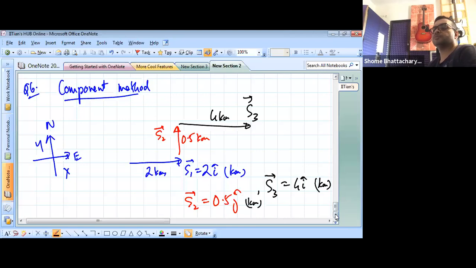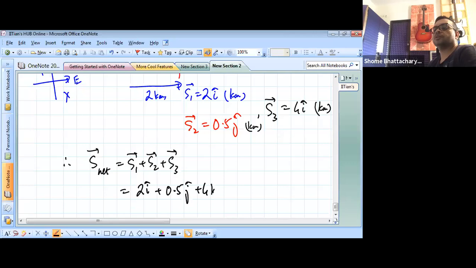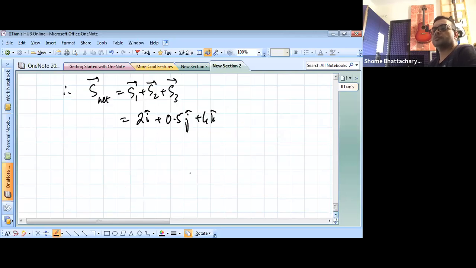So my net displacement is S1 plus S2 plus S3, so it will become 2 I cap plus 0.5 j cap plus 4, sorry, not k cap, it's I cap.